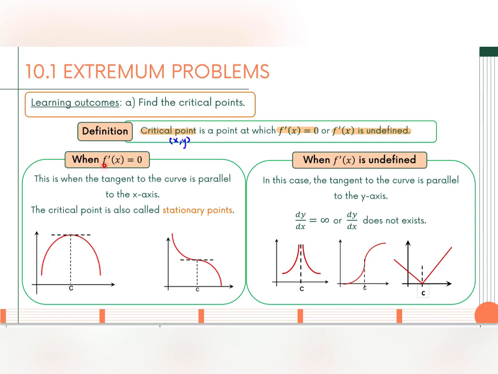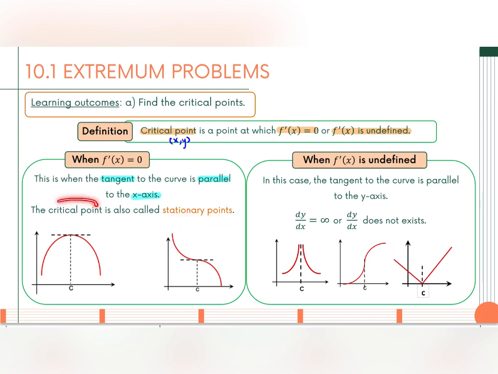Okay, so when f prime x equals to 0, this is actually the tangent to the curve parallel to the x-axis. Okay, so our tangent is parallel to the x-axis. So this point, ataupun when f prime x is equals to 0, kes ini sebenarnya merujuk kepada stationary point.